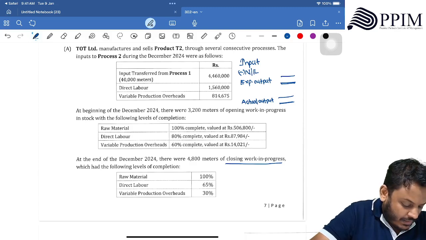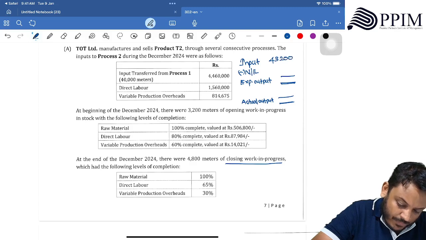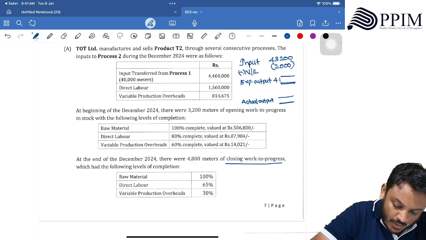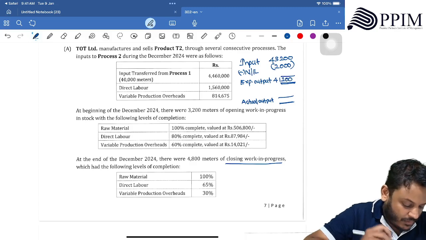So here see, input is 43,200. Normal loss is 5% of input, which is 2,000. So 41,200.